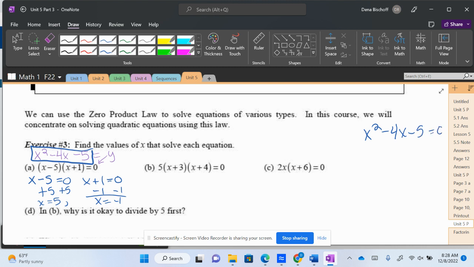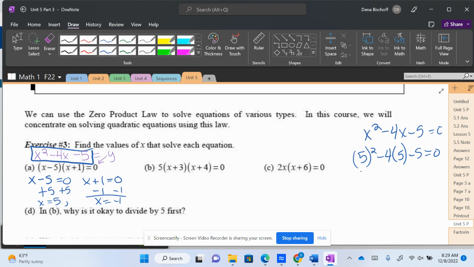It's saying that if you let x equal 5, let's see, 5 squared minus 4 times 5 minus 5, then you'll get a 0. Well, let's try that. I don't believe it. 5 squared is 25 minus 4 times 5 is 20. So 25 minus 20 is 5 minus 5 more is 0, okay, so it works for the 5.